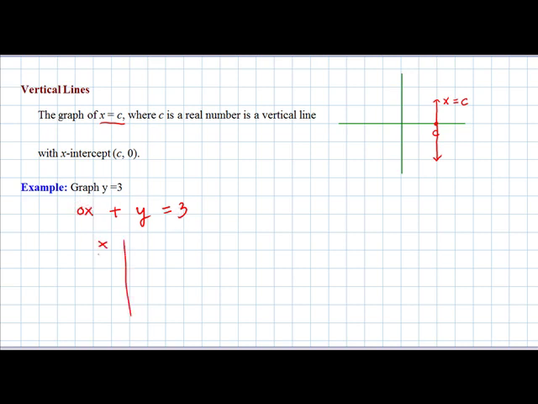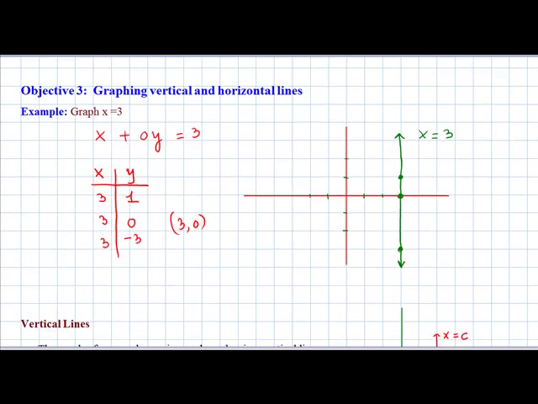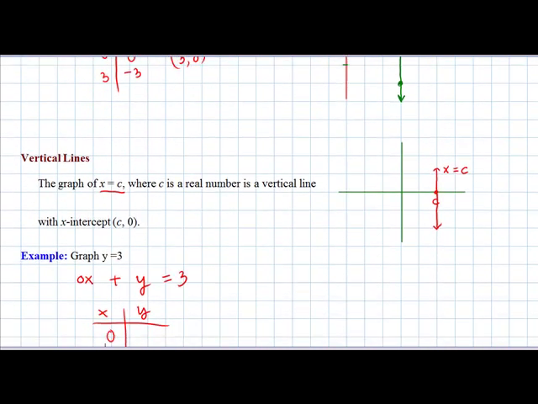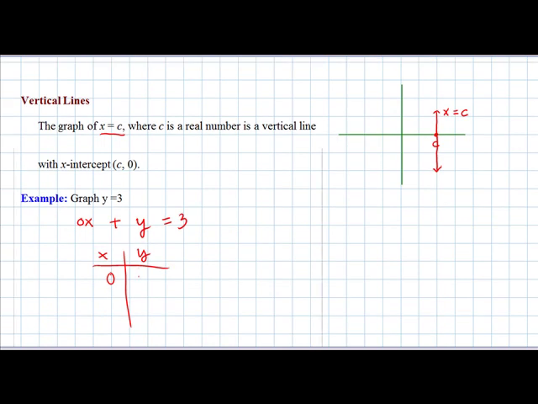So let's see. When x equals 0, y is 3. When x equals 1, 0 times 1 is 0, then y equals 3.